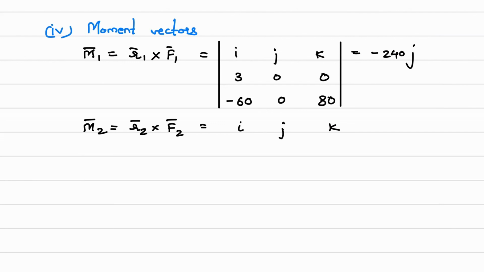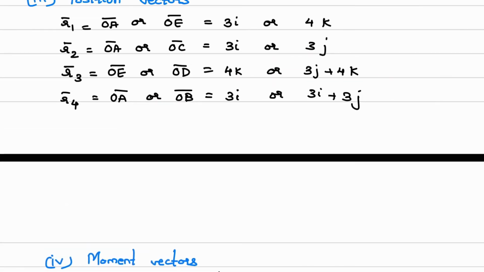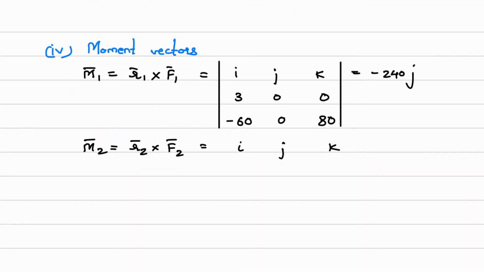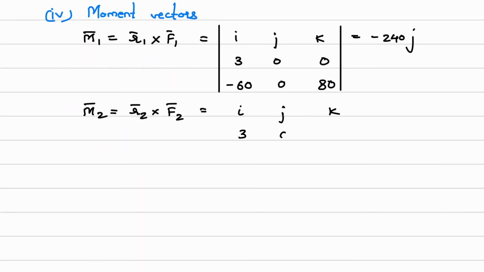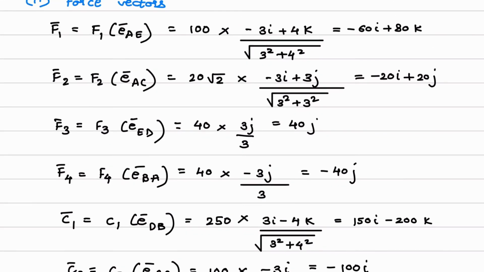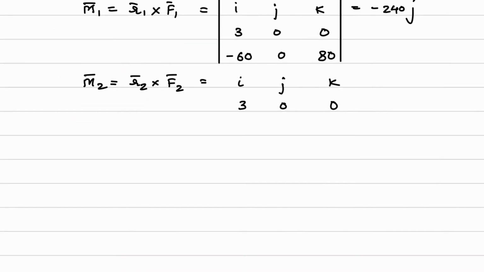Position vector for force 2 is 3i, so 3 0 0, and force vector F2. We don't have k, so minus 20, plus 20, and 0. This value is 60k.